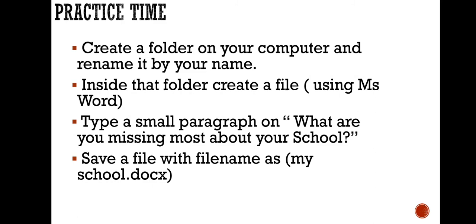You are going to click on file, click the save as option. The Save in dialog box will appear over there. In the file name you are going to give my school .docx. Why are we giving .docx as an extension here? Because we are creating the file in Microsoft Word. And the last step is you are going to click on save. Complete the task and let me know.